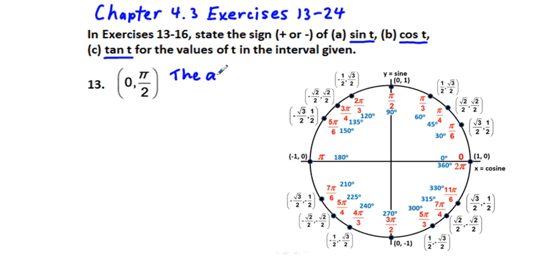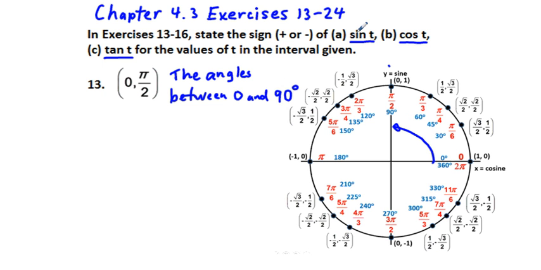The angles between 0 and pi over 2, which is translated into something we understand a little more readily, 90 degrees. So we're talking about in the unit circle this quadrant right here, between 0 and 90 degrees.